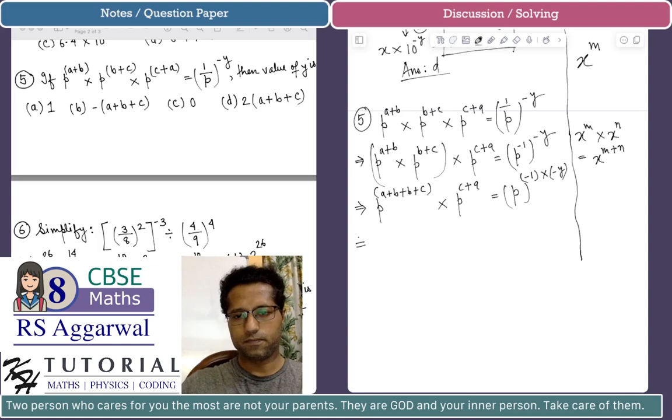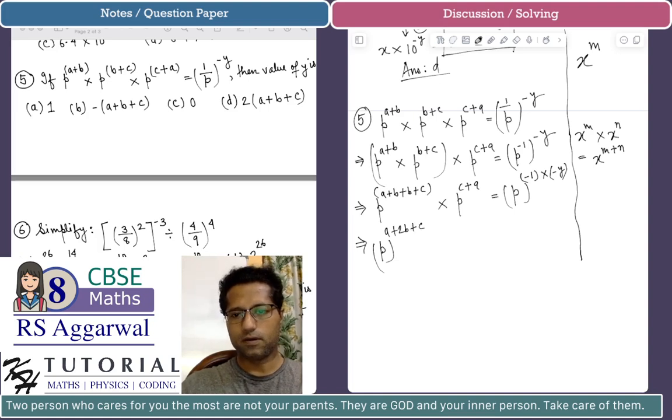This implies, now I can again see the left hand side is a product of two exponential terms, where the bases are same, p. The first term is p raised to the power a plus b plus b plus c, which is nothing but a plus 2b plus c.